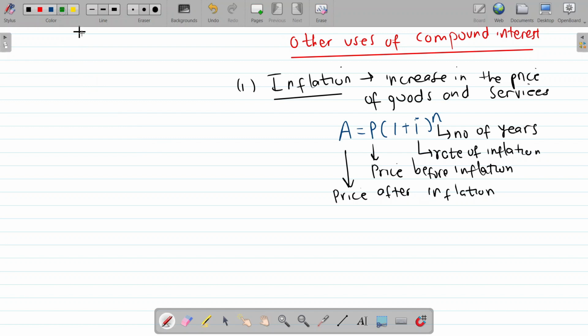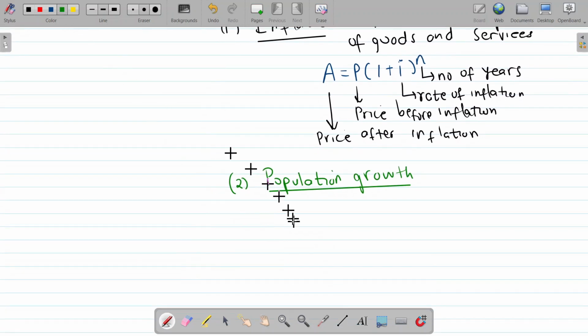Now the second one is population growth. This is when the number of people in a particular area increases. So we use the compound interest formula to calculate the changes that happen during that situation.